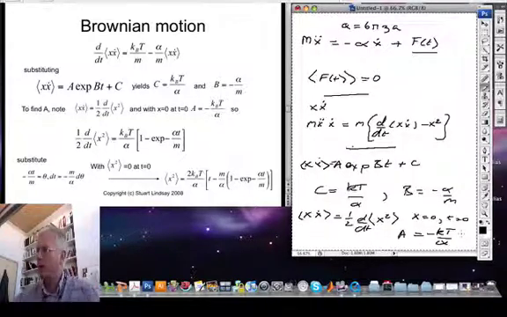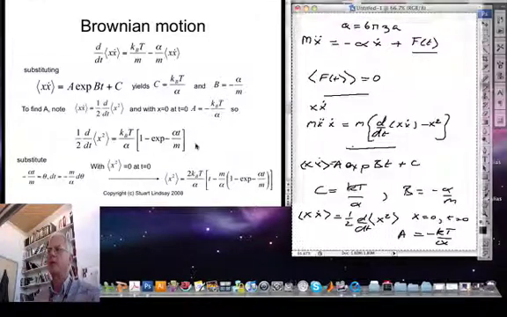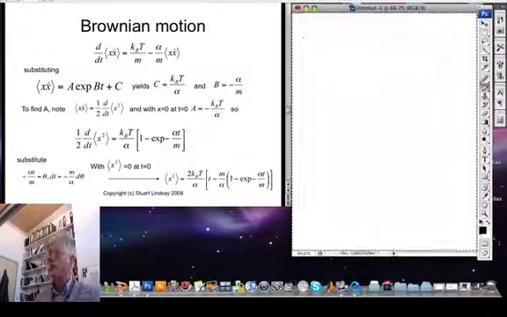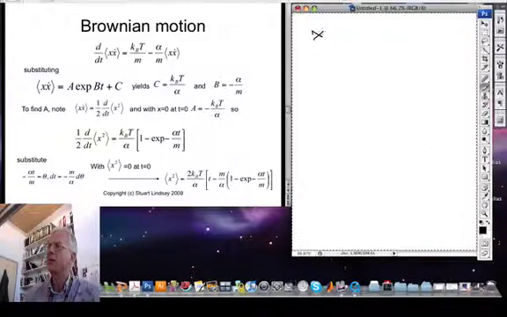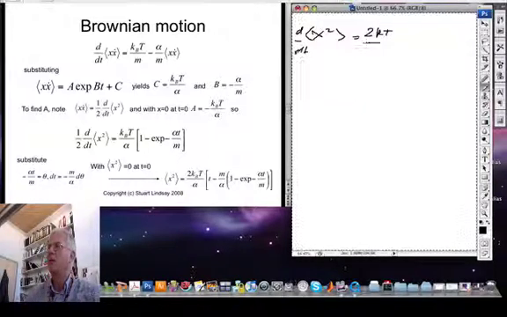So with all of those results combined, we now arrive at a second differential equation, but one in which the variable is now x squared thermally averaged. And here it is. It says that d by dt of x squared thermally averaged is 2kT on alpha times 1 minus e to the minus alpha t on m.